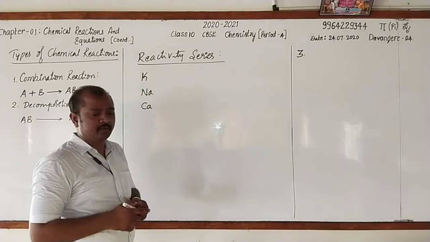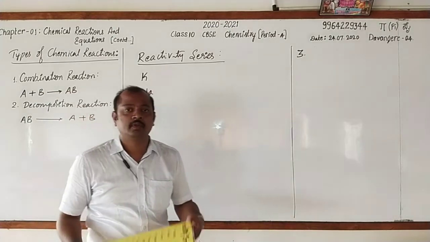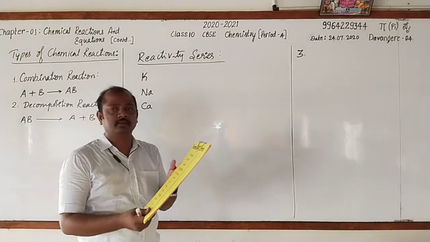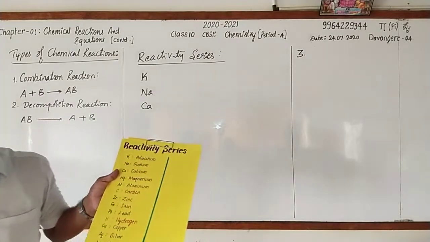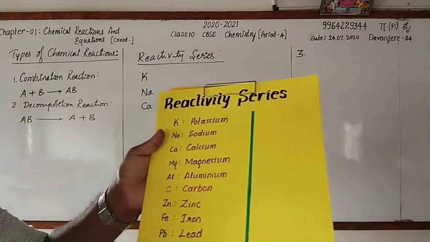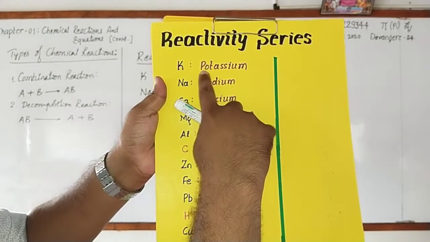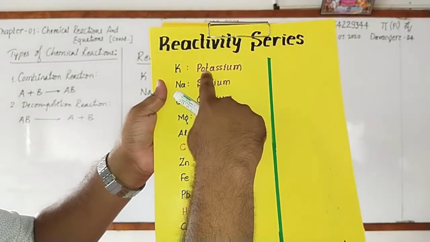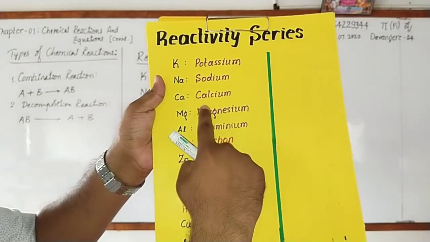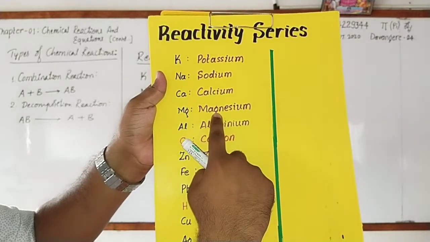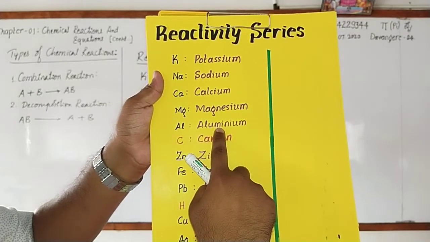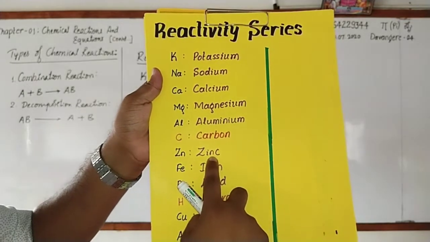Many are there. Now I am going to show you the metals present in the reactivity series. Observe this reactivity series. Here we have written first potassium, next sodium, third calcium, fourth magnesium, fifth aluminium, next zinc.